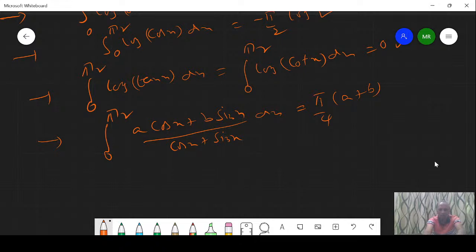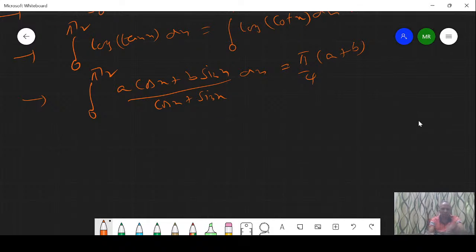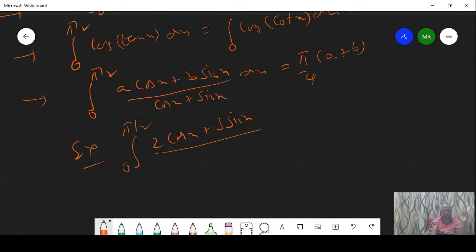For example, think about that value. Suppose the integral from 0 to pi by 2 of 2 cos x plus 3 sin x by cos x plus sin x dx. The value depends on a and b, and I can write anything, not necessarily positive only, negative also you can consider.